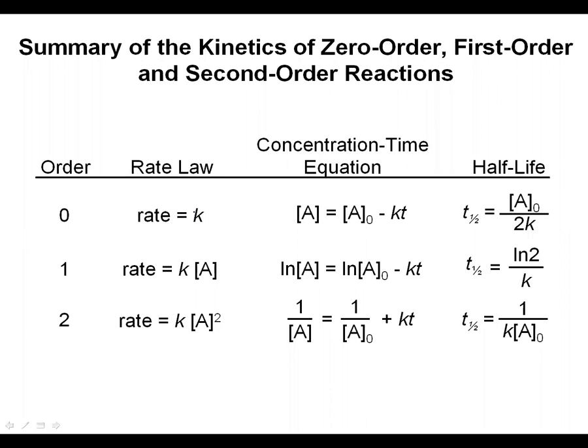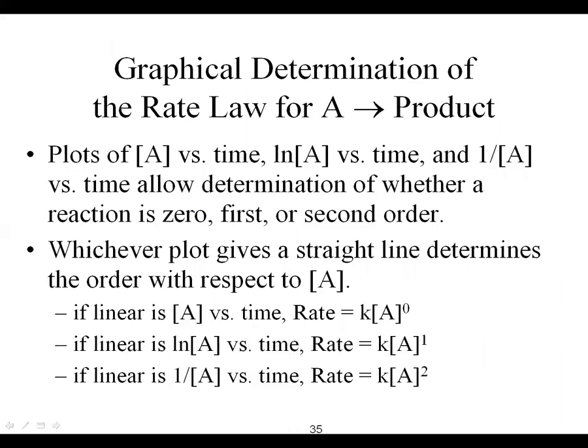And sometimes people do experiments where they will basically try to figure out the order of a reaction by doing graphs. And they basically have to make each of those graphs. So they have to make concentration versus time for a zero order, natural log of A versus time for first, and 1 over A versus time for second. And basically they do a best fit line and they try to find which one is the most linear, right?